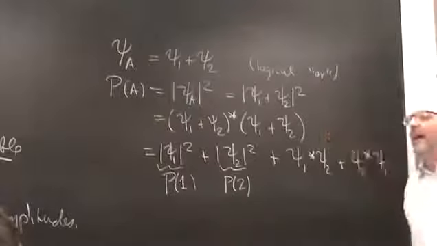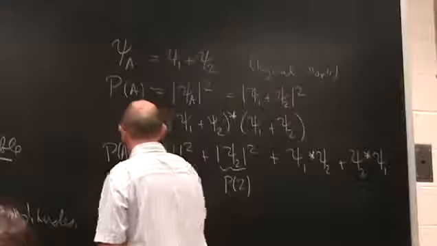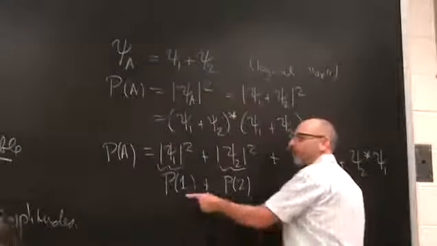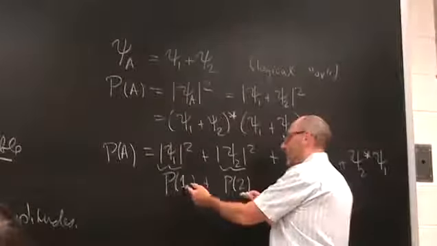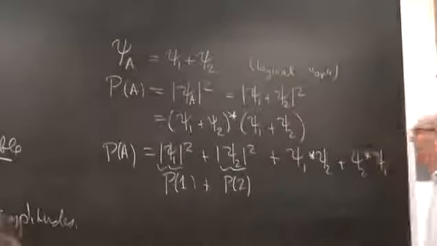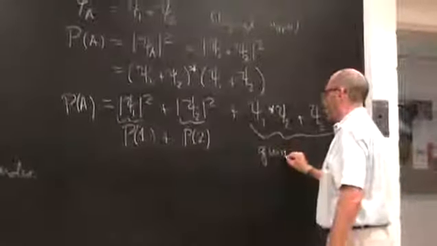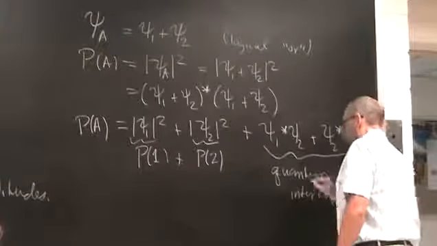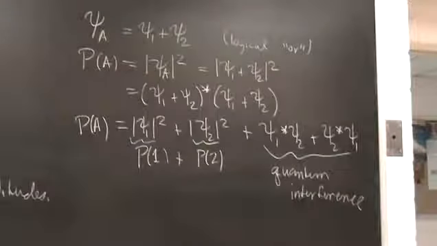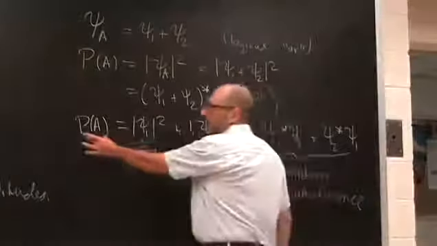So if we contrast that to what's written on the backboard, the probability for event A to happen is not just the sum of the probabilities of the two alternatives, but involves something else. And this is quantum interference. This quantity itself, probabilities are still probabilities.